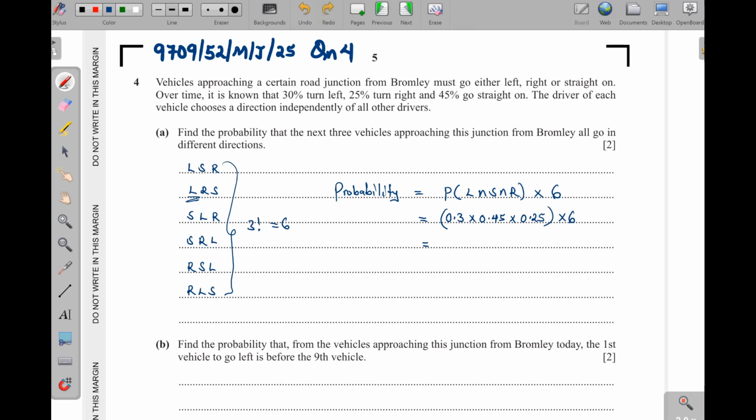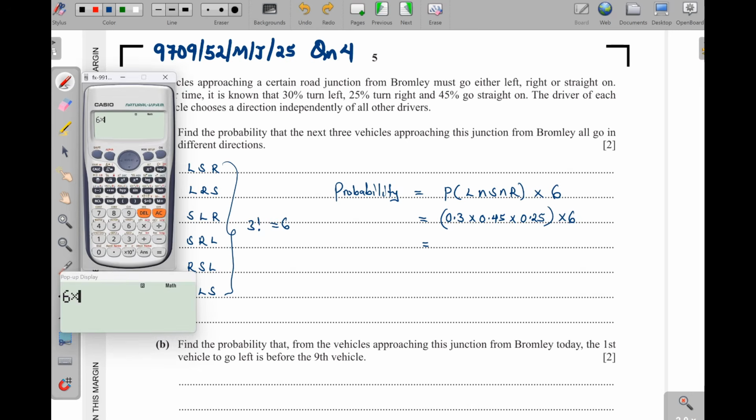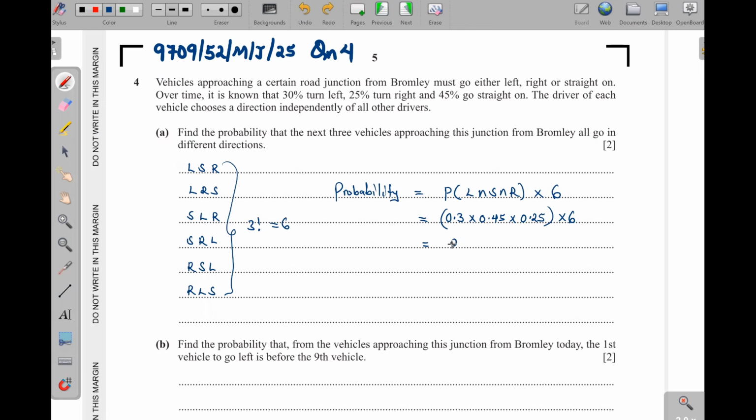You multiply by 6 because there are 6 what? Outcomes. So what do we get altogether? 6 times 0.3 times 0.45 times 0.25. We get 81 out of 400, which is 0.2025.